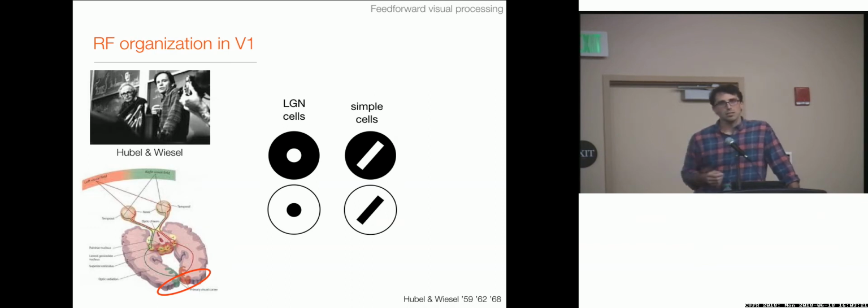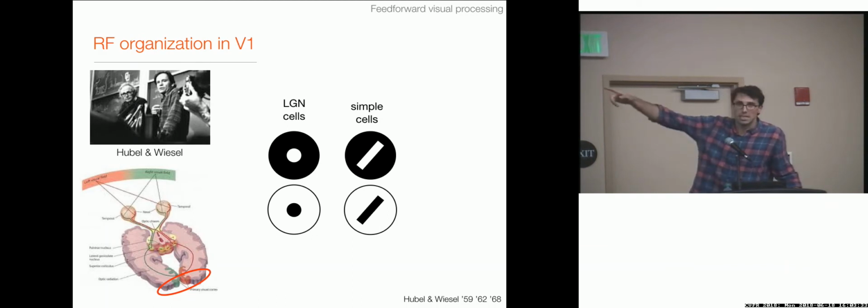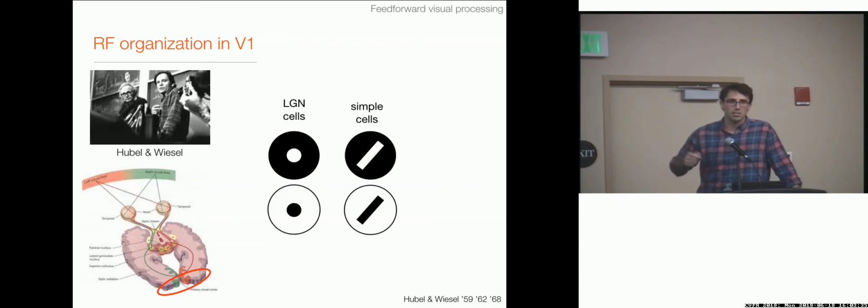And these signals are then passed to early visual cortex, or V1. So LGN cells pretty much fall into 2 categories. There's the on-off, or off-on, that's on-center, off-surround, or vice versa. And one kind of cell found in visual cortex, and this is found in seminal work by Hubel and Wiesel, is called the simple cell.